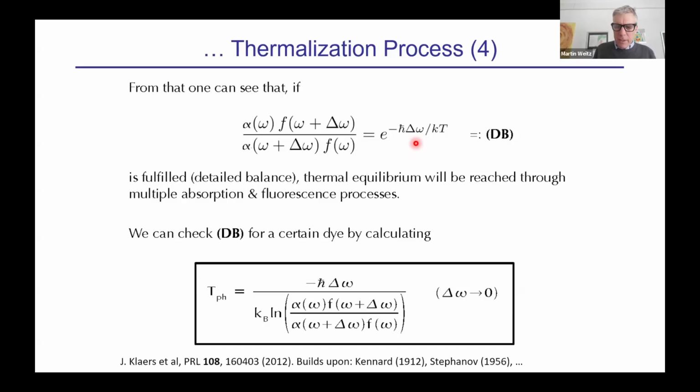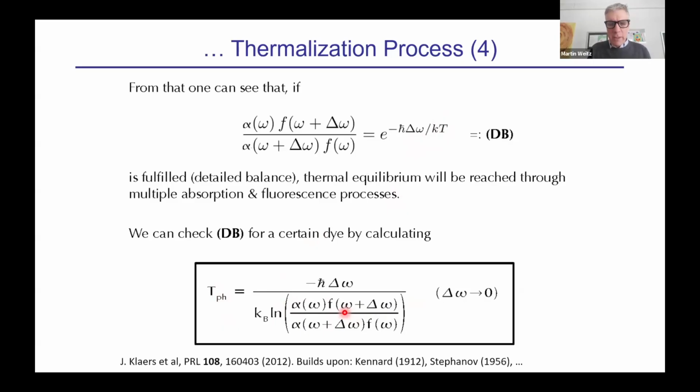If we solve that for the temperature, that is the exponential factor, we can check whether a particular dye can serve to thermalize the photon gas by calculating its spectral temperature, which is given by basically this formula here, assuming that the spacing delta omega is relatively small.